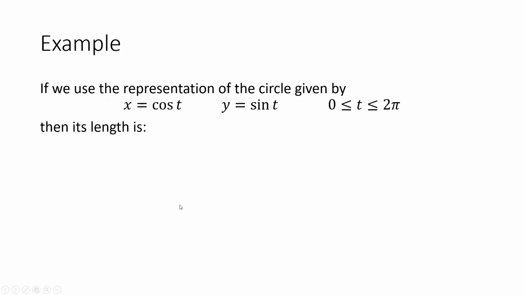So let's think about how it might apply in this case. Suppose we want to find the arc length around the circle given by x equals cosine t, y equals sine t. So it will be the integral from 0 to 2 pi of the square root of x prime squared plus y prime squared.